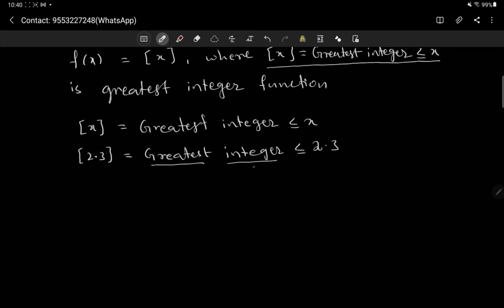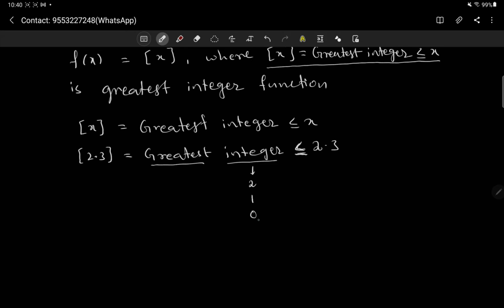So you tell me an integer that is less than 2.3. We can take 2, that is less than or equal to 2.3. We can't take 3. Why? That is an integer more than 2.3, right? You can take 1, that is also less than or equal to 2.3.